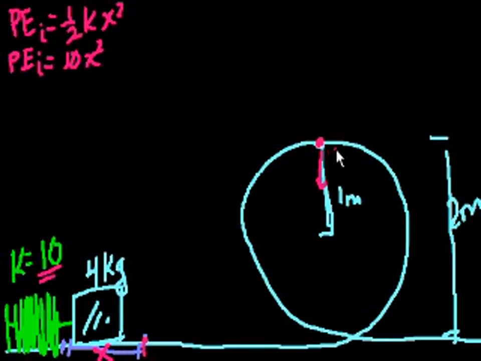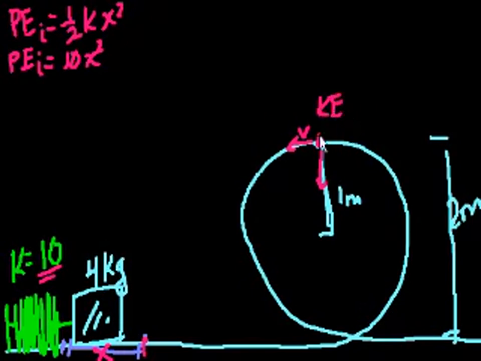So what are all of the energy components here? Well, obviously at this point the block's going to have to be moving in order to not fall down. So it's going to have some velocity, v, that's going tangential to the loop-de-loop. And it also is going to have some potential energy still. And where is that potential energy coming from? Well, it's going to come because it's up in the air. It's above the surface of the loop-de-loop. So it's going to have some gravitational potential energy, right? So at this point, we're going to have some kinetic energy.